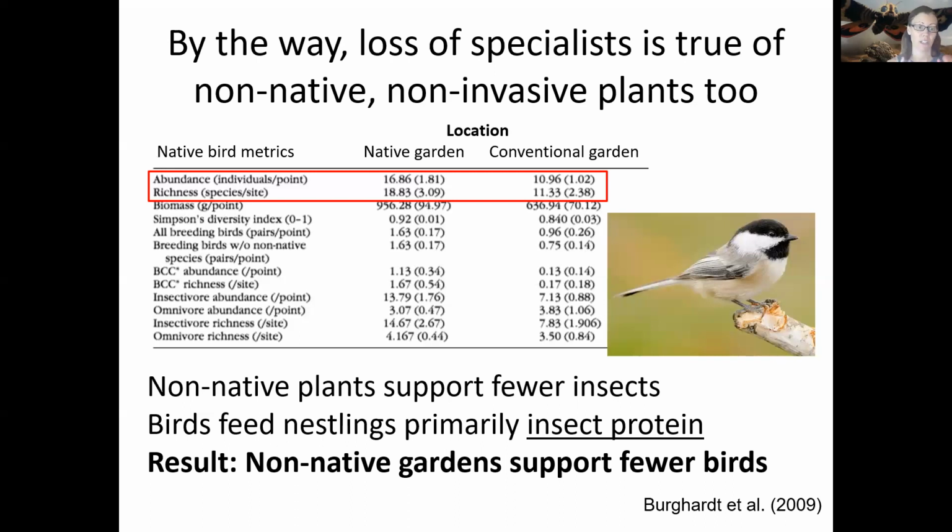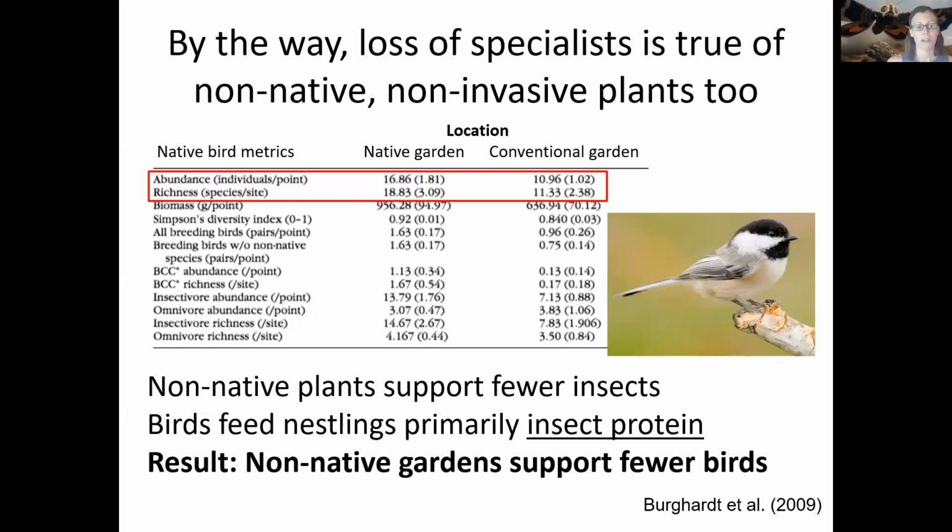So if you have this conventional non-native garden with, I don't know, lots of azaleas and rhododendrons from Asia and stuff like that, there are fewer insects that you're supporting, because those specialist insects like native plants, they don't like rhododendrons.